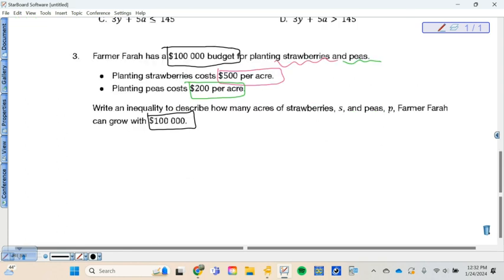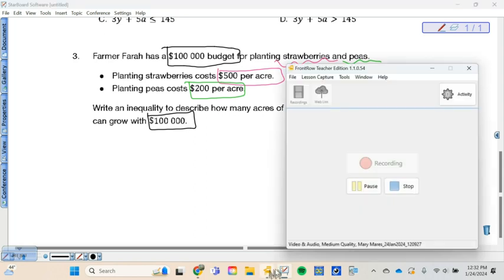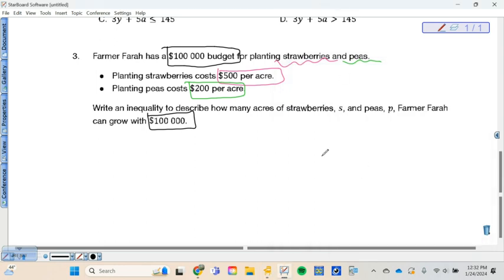So Farmer Farah is spending $100,000 planting peas and strawberries. Peas and strawberries, right? $100,000, right? And she's planting strawberries and peas.